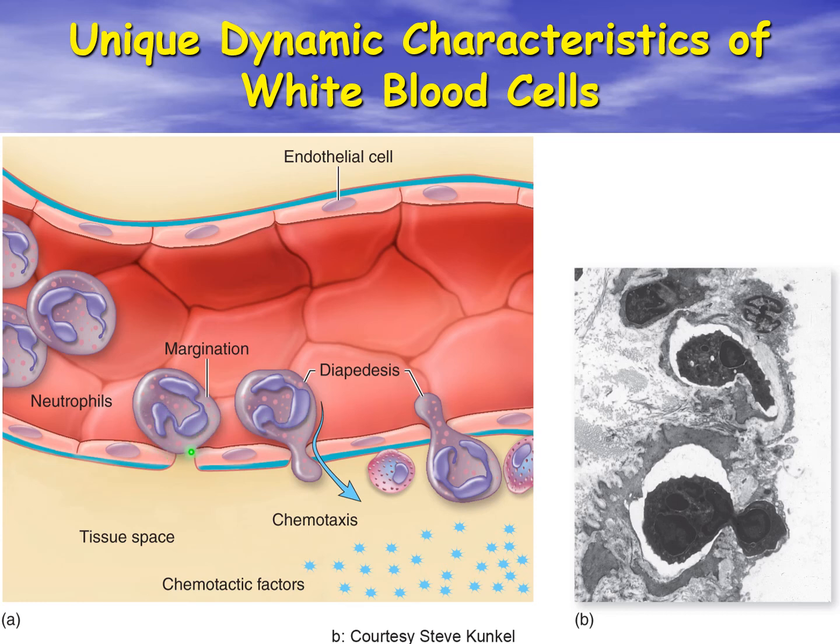They will stick to receptors on the endothelial cells. This will keep it from being picked back up by the bloodstream and float off again. And then the endothelial cells of the blood vessel will help guide them through the endothelial cell wall so that they wind up coming out on the other side. And these are actually some white blood cells that are squeezing through and going over here to the extracellular space.